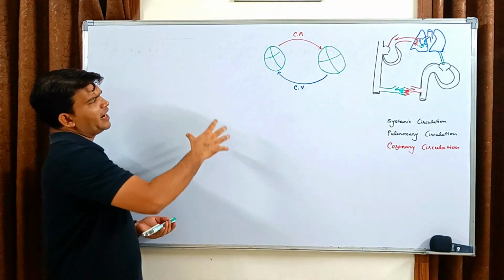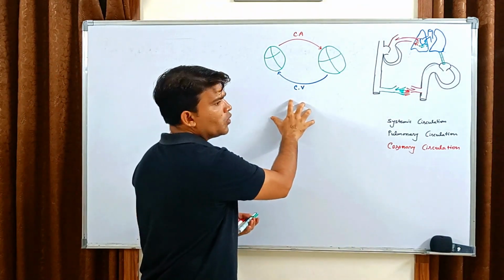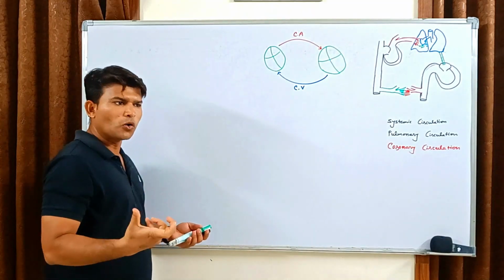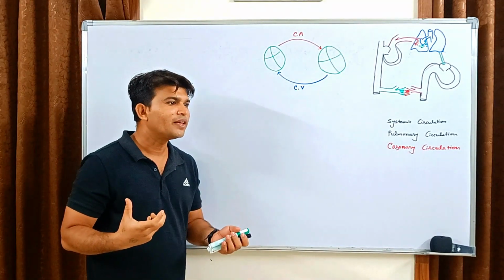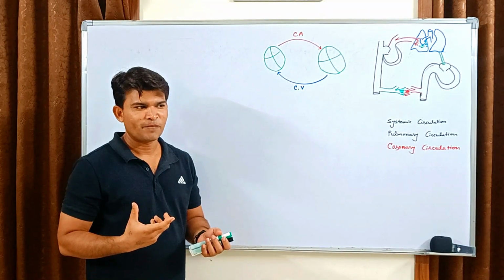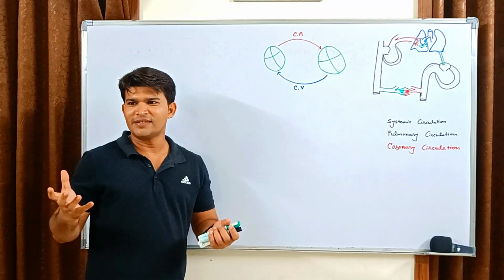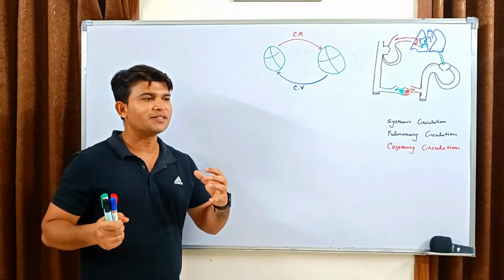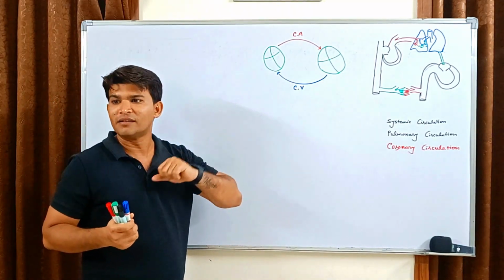Okay, these arteries are given the name coronary. Why is it given the name coronary? What is the meaning of coronary? Coronary means it's like a crown of the king.